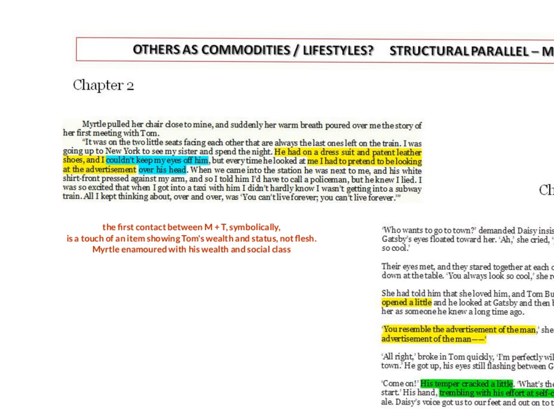So what Fitzgerald is showing here is that a major factor in Myrtle's desire towards Tom is the fact he symbolically represents a higher social class, the higher social class she is so desperate to belong to in an era where social mobility and social climbing is possible, in the same way as you look at an advert or open a catalogue yourself to look at all the nice things that you aspire to have or want. This is at the core of Myrtle's desire towards Tom Buchanan.